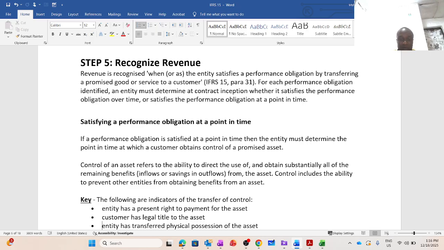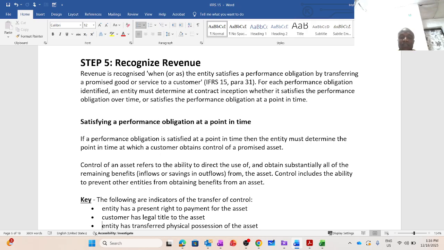As I mentioned, the customer obtained control of the promised asset when the vehicle passed the bridge. So at that point in time, 100% of the control has been transferred to the customer. Anything happening from that particular point is the responsibility of the customer, not the business anymore.